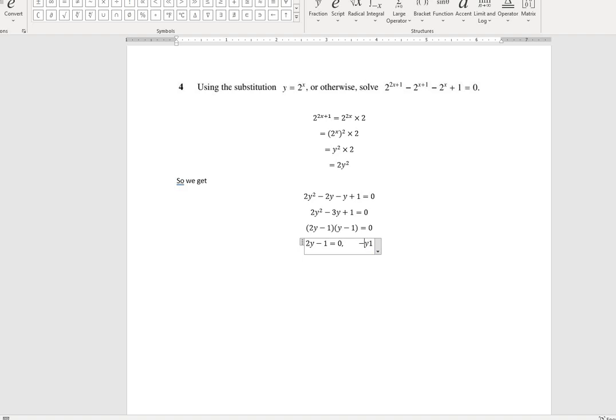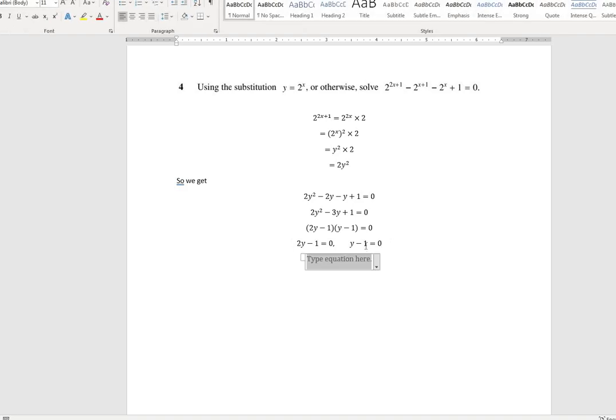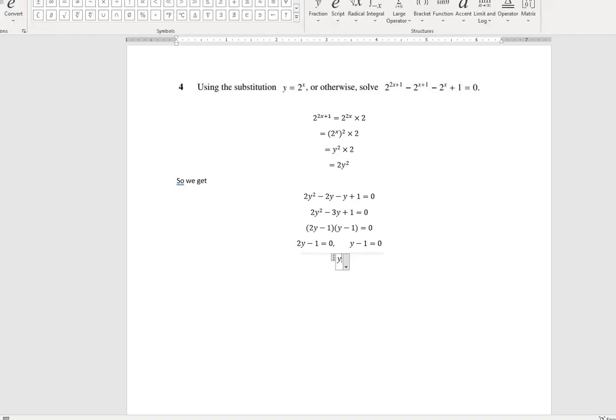Then you solve this, you get y equal to 1 over 2 and y equal to 1.